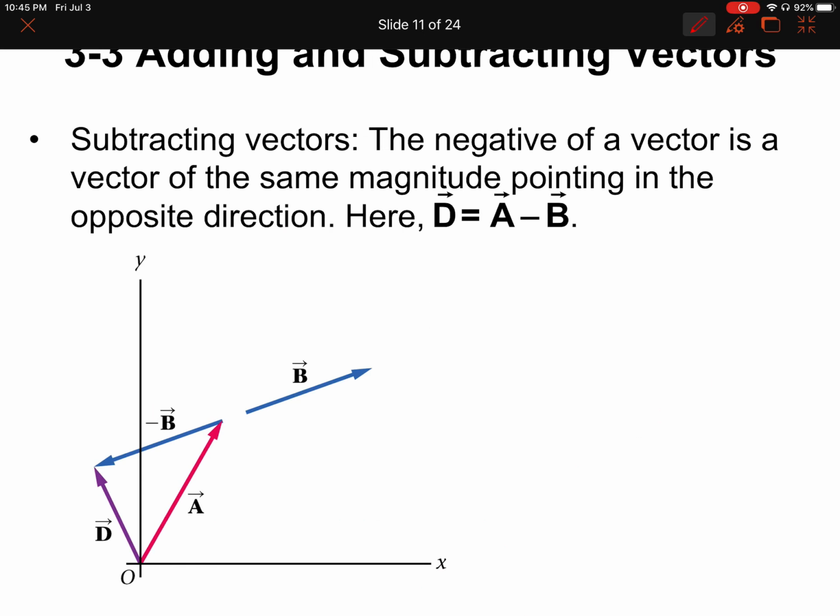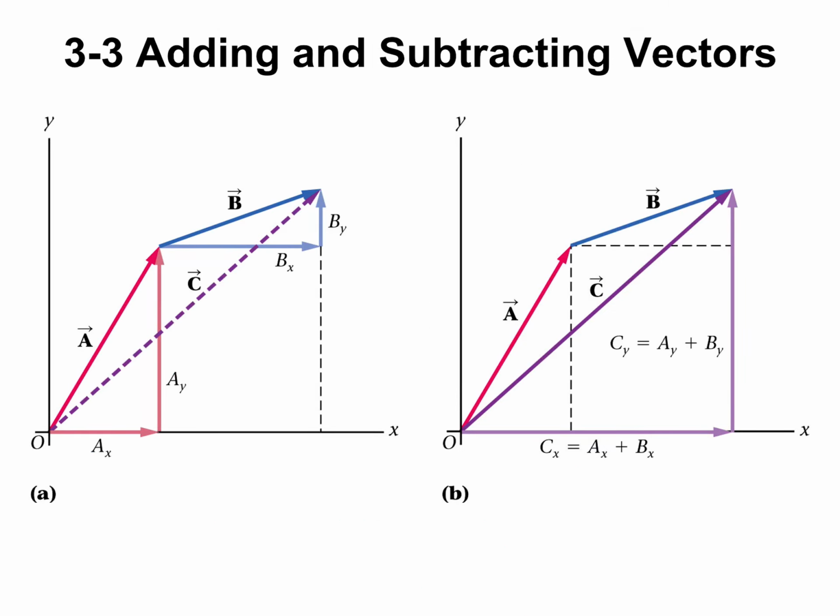Same thing about the, well, this diagram tells you why you can do the components way, right? So if you want to know C equal to A vector plus B vector, here is A vector. You can figure out this is AX, right? B vector, this is the BX, right?